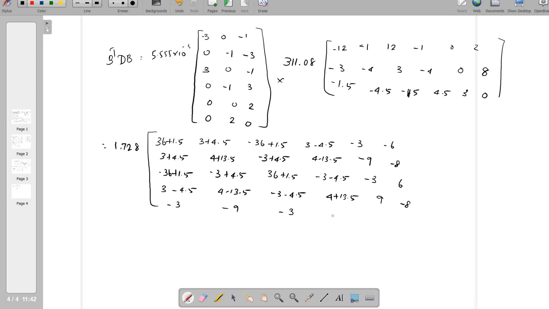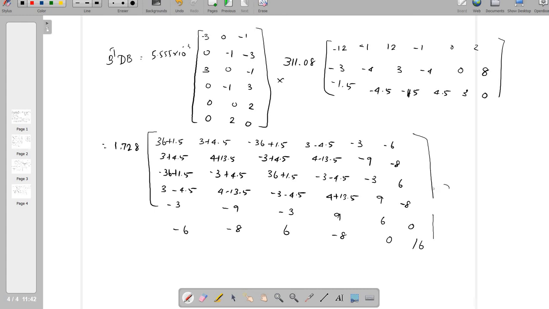Similarly, minus 3, 9, 6. Last is 0. In the last row, only the middle element is available, 2, so it is minus 6, minus 8, 6, minus 8, 0, 16.